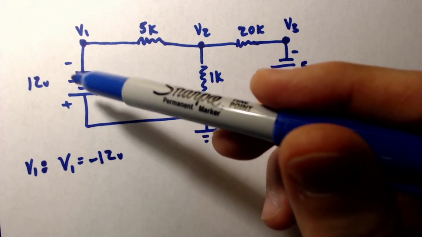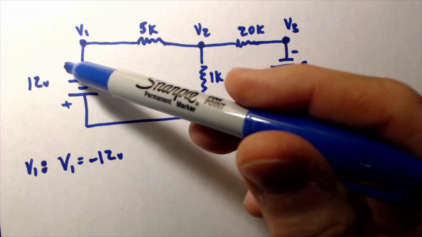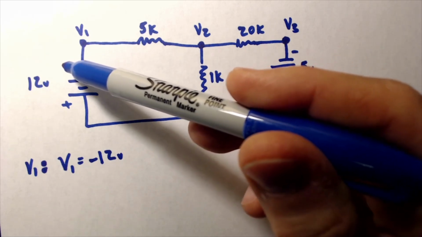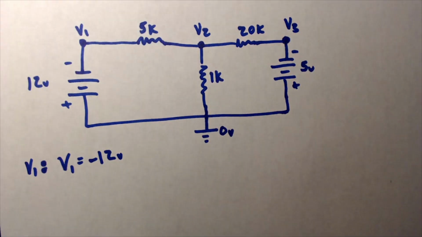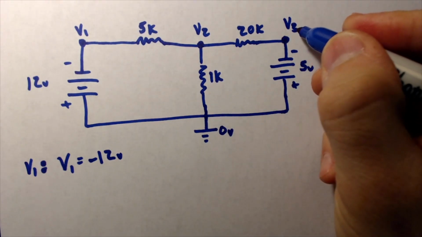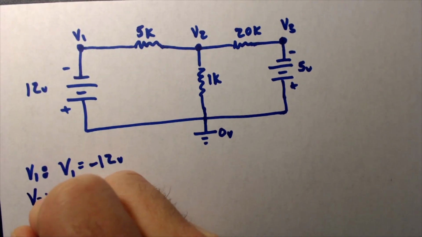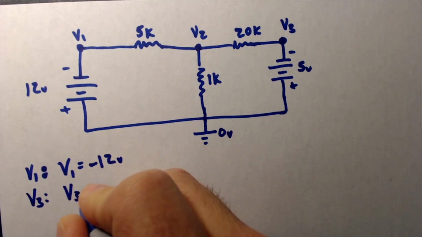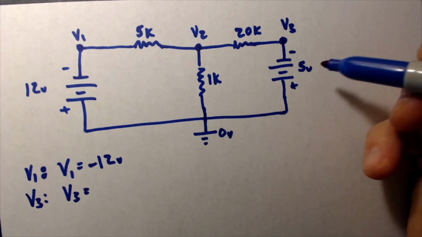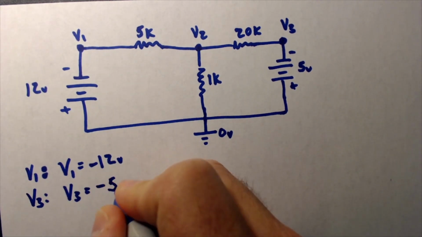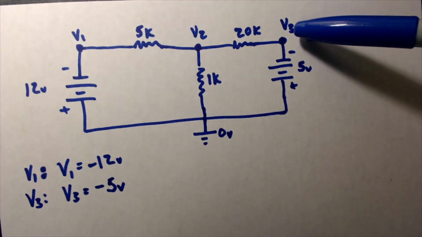If minus was here and positive was up here, then we would say V1 is equal to 12 volts. But we have the negative side of our voltage source here, so V1 is negative 12. Okay, I'll do the other easy one here, V3. V3 is also equal to negative 5. Okay, so those are the easy ones out of the way.